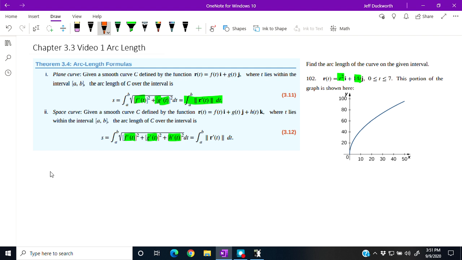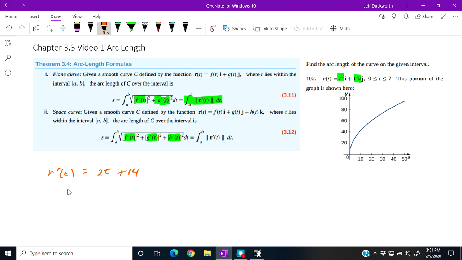First of all, we have to find our r prime of t, and that's just the derivative of each of those two components, which in this case is going to be 2t i plus 14 j. Derivative of t squared is 2t, derivative of 14t is just 14.